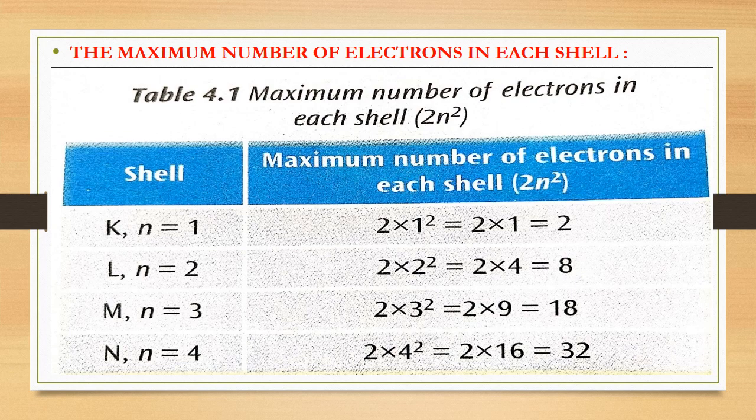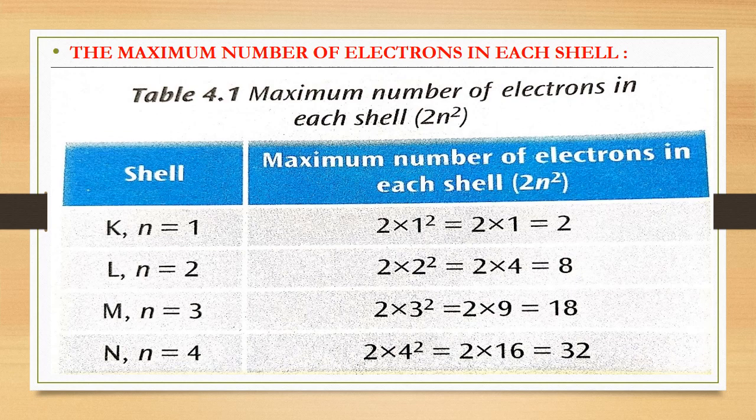Okay, let's find for K cell. So 2 is constant, isn't it? And the value of n for K is 1. So 2 into 1 square is 2 into 1 equals 2. That means K cell can maximum hold only 2 electrons. Same way, apply the formula for L cell. 2 into, what is the value of n for L cell? 2.